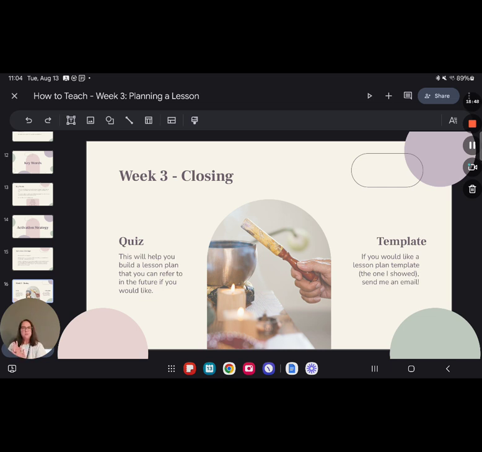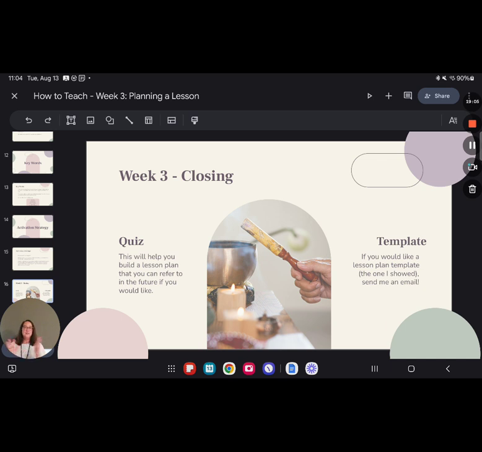If you would like that template, please just send me an email. It is in a Google Doc, so I can send you a link that will force you to make a copy, so you can plug your answers into a lesson plan template. That way you have an example.